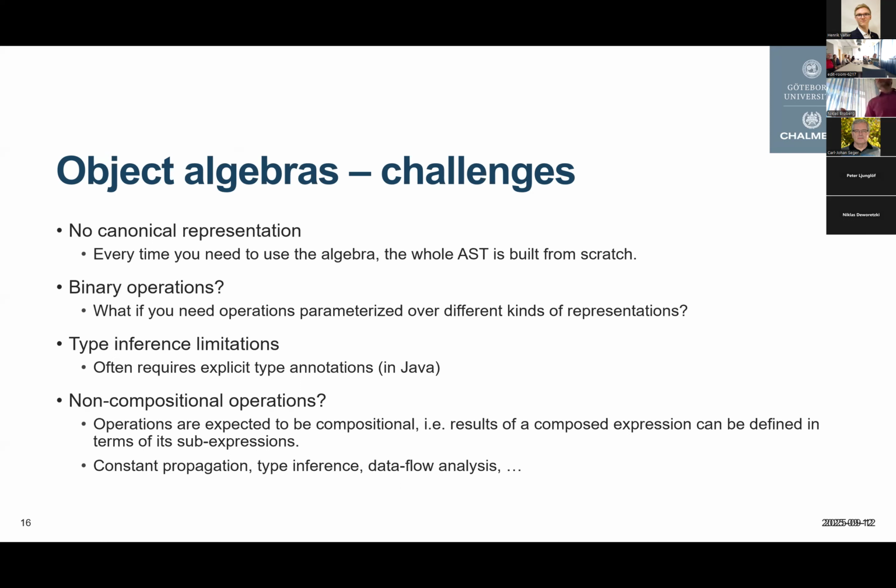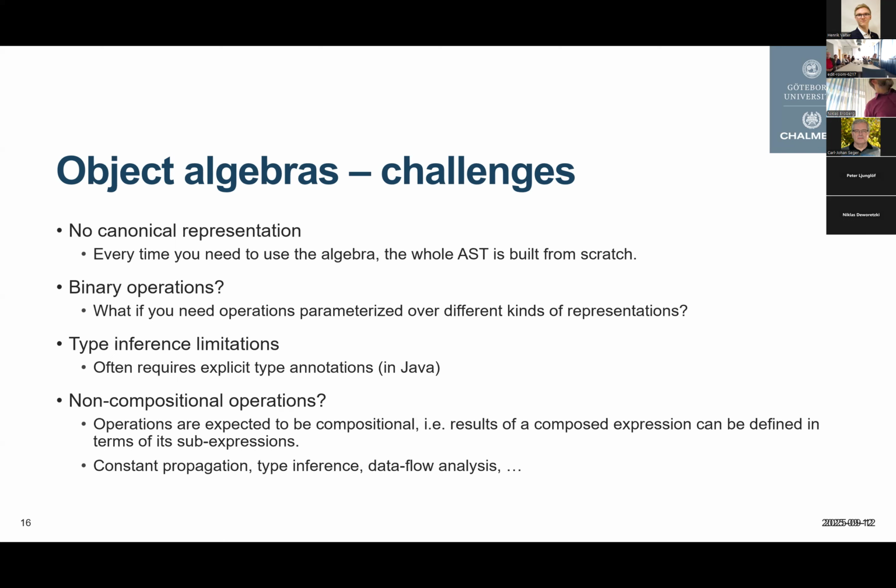And if you were to do that, you can create a builder that creates an AST, but then you're back in the non-modular world. And then what if you need operations that can work over different kinds of representations, say expressions and statements? What do you do then? Well, then you need to go back and reparameterize all of the expression algebras over statements as well, even though they might not in turn contain statements.